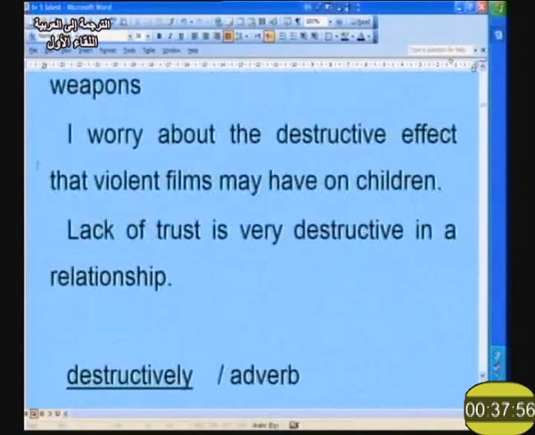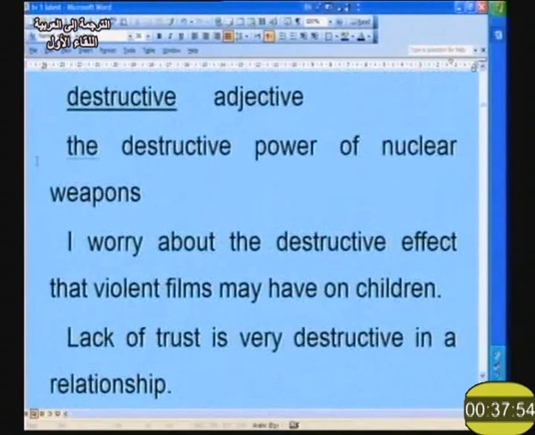We see in this example the four main word classes: the verb destroy, the noun destruction, the adjective destructive, and the adverb destructively.